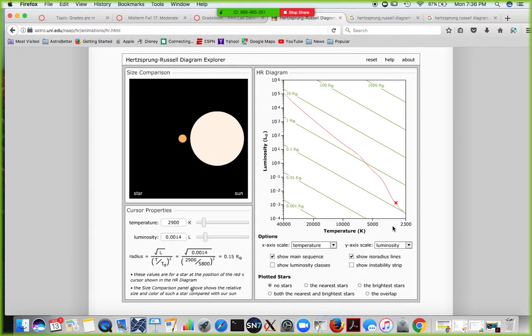In fact, some of those stars don't even have enough mass to ignite the hydrogen fusion reactions in their core, and they are therefore named brown dwarfs. Okay, brown dwarfs.